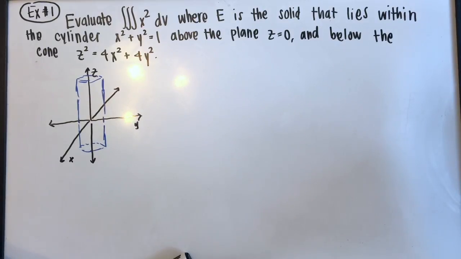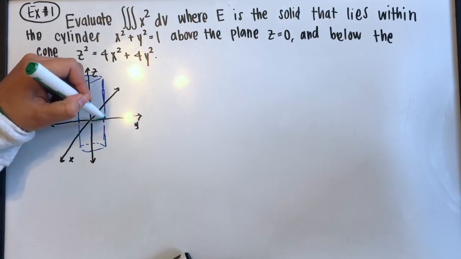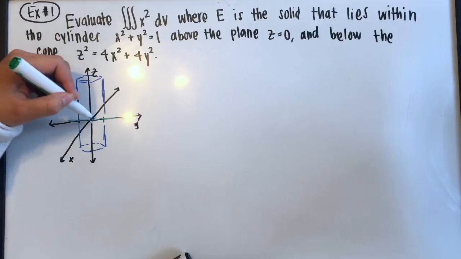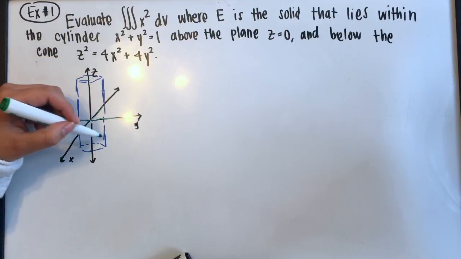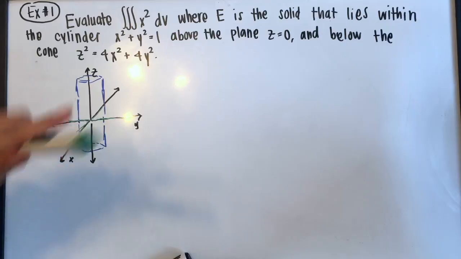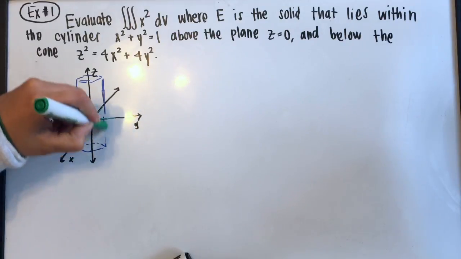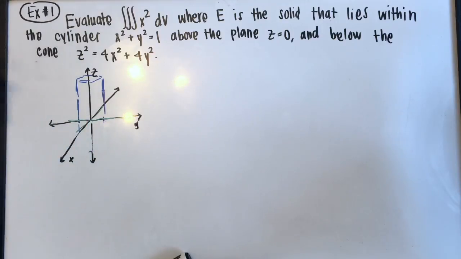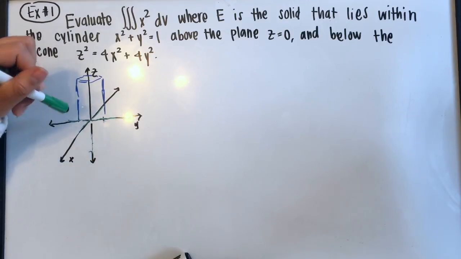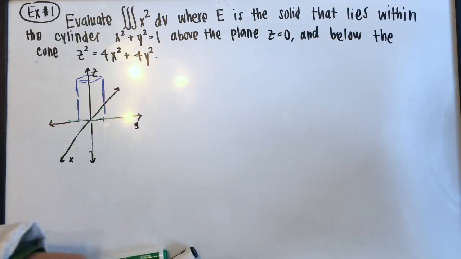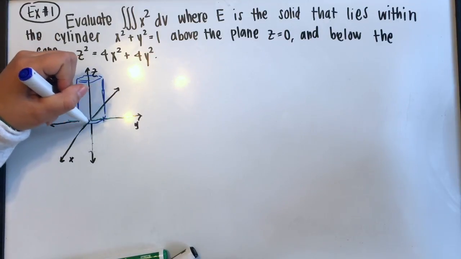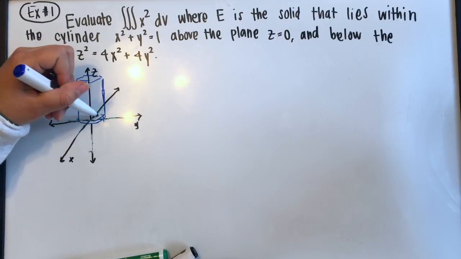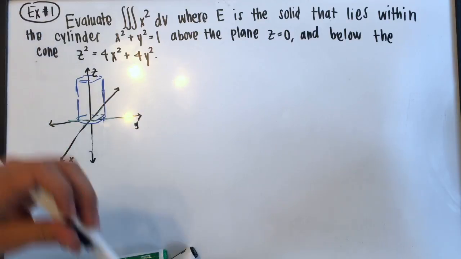So what that means is that it's everything from here up. The bottom part is not in play, so we don't consider this bottom part. The bottom part of the cylinder is out. Now we only have the top part.